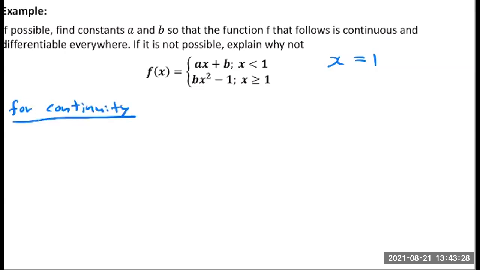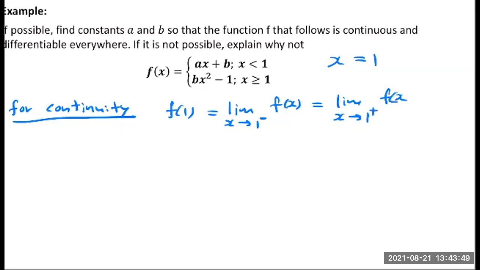For continuity, we need f of 1 is equal to the limit as x approaches 1 from the left-hand side of f of x, which is equal to the limit as x approaches 1 from the right-hand side of f of x. Okay, that's what we need for the continuity.